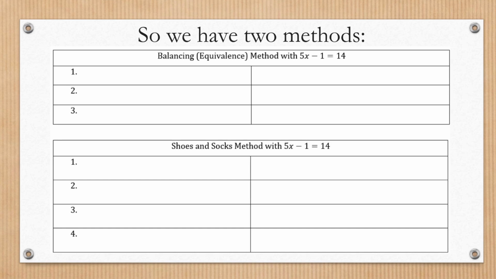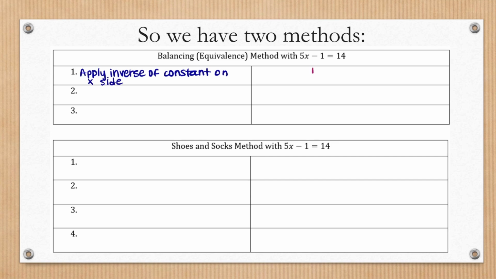So the balancing equivalence method, first you apply inverse of constant. And these are on the x side.